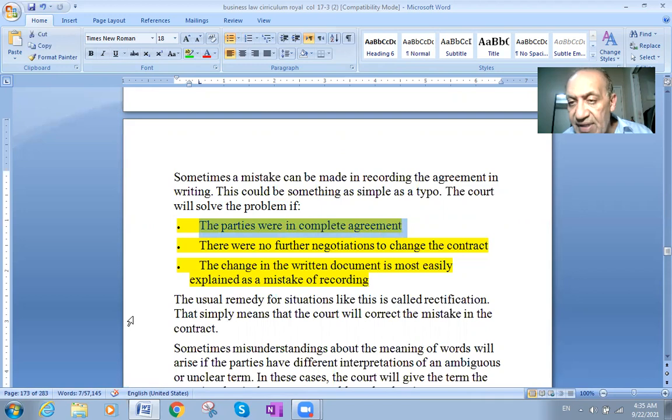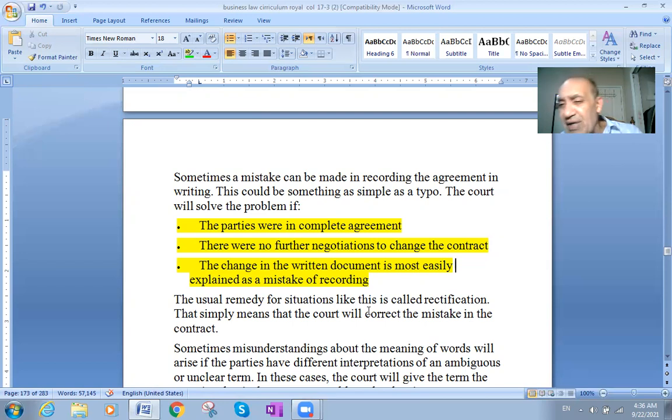So if there is a mistake and the parties agree, the court can solve the problem. There were no further negotiations to change the contract, so everybody is satisfied with the contract that way. It's a small mistake, but it doesn't make sense, so we can correct it. It's okay as long as we don't get into a struggle or enmity or claims.